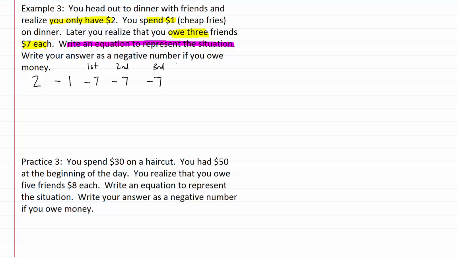This is one way to look at it. This would be equal to my blank space. And now here we had $2, we spent money, and we owe, and we owe, and we owe. And so that's why we're always subtracting that money. Now, another way to look at it is you could say, okay, you had $2 at the start, you subtracted 1, and then now I've got a situation where I've got 3 friends, and I owe them all $7.